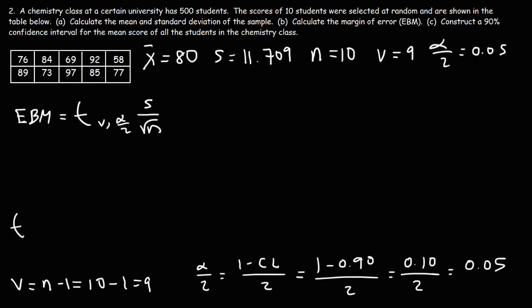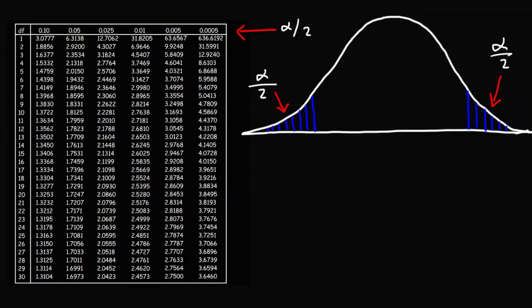So now let's use that table that we used before and find the t-value where we have 9 degrees of freedom and a one-tail alpha value of 0.05. So here we're back to our student's t distribution table, and we have 9 degrees of freedom and an alpha over 2 value of 0.05.